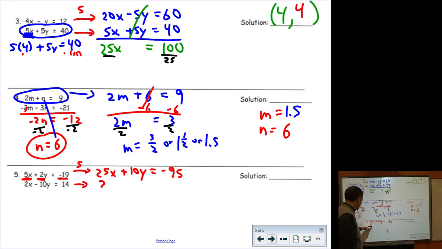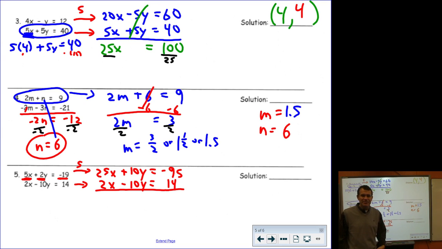And like I said, the second equation I'm just leaving as is. I'm ready to go ahead and add my equations together because the y's are now opposites of each other. When I add these together, I get 27x equals negative 95 plus negative 14, which is negative 81.